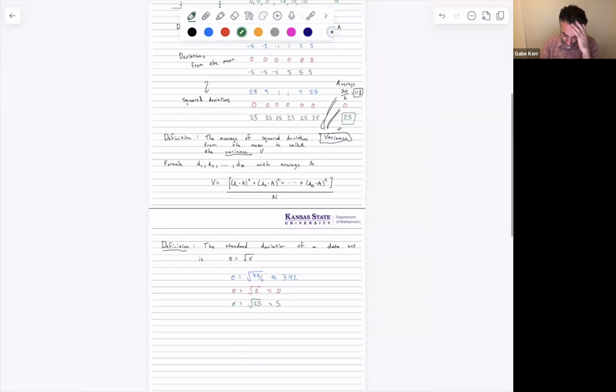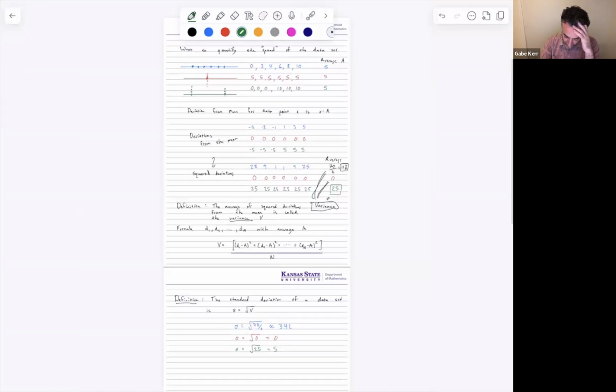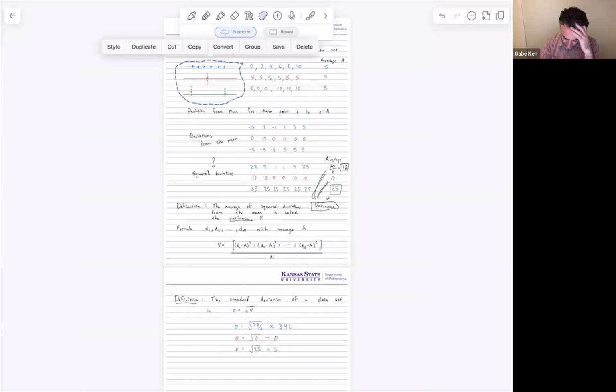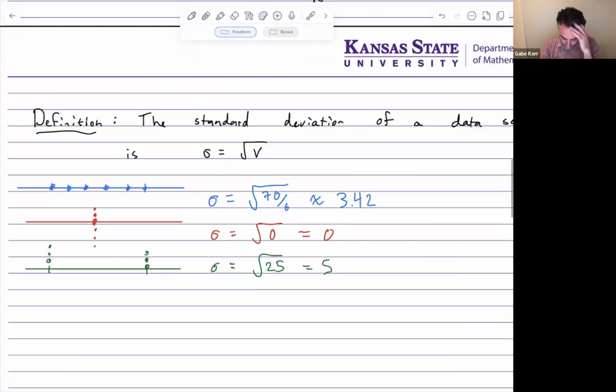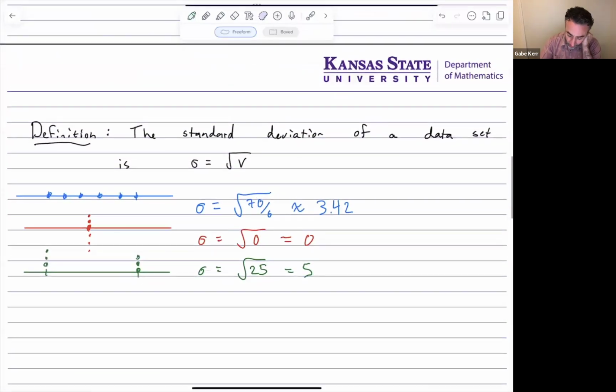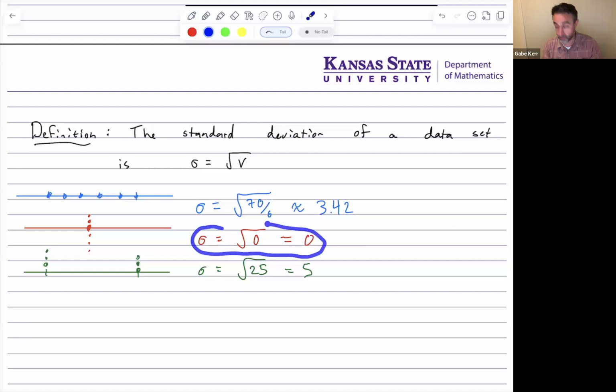And what I want to do is explain just very briefly what's going on here. When all of our data points exactly match up with the mean, in other words, we just have a repetition of the mean, so there's no spread whatsoever, our standard deviation is 0.